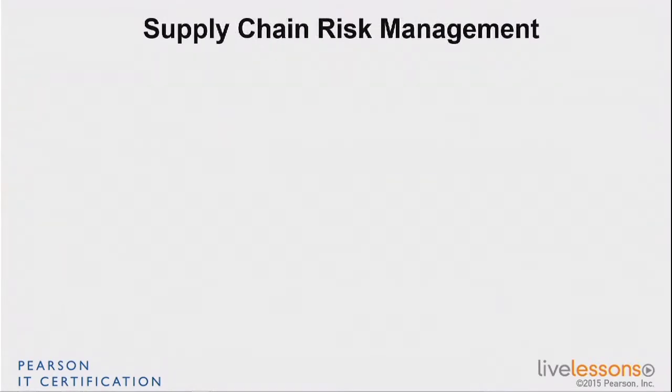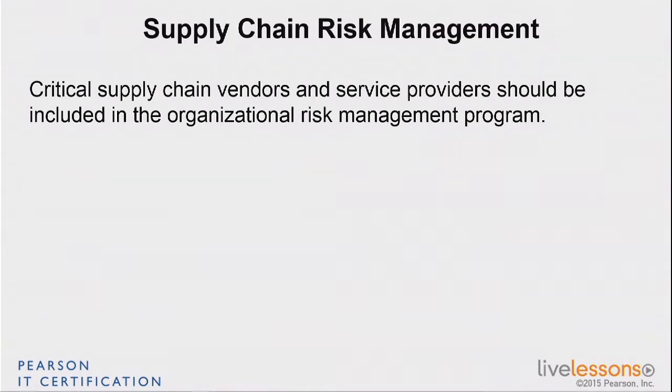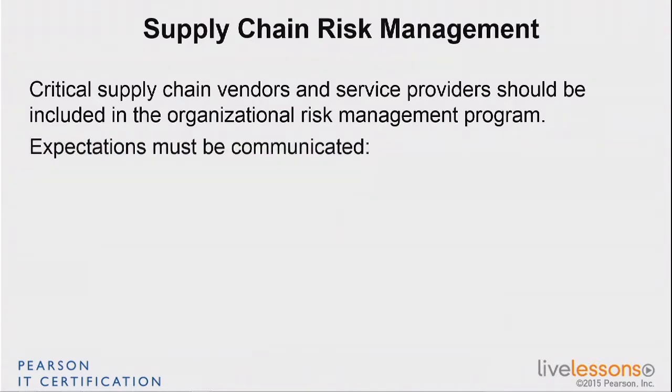So supply chain risk management means that we need to include our critical supply chain vendors and service providers in the organizational risk management program. We need to communicate clearly to them our expectations.